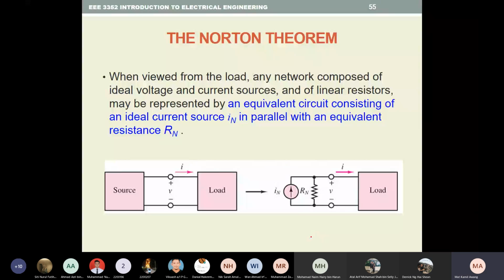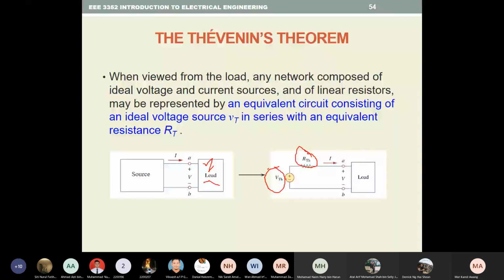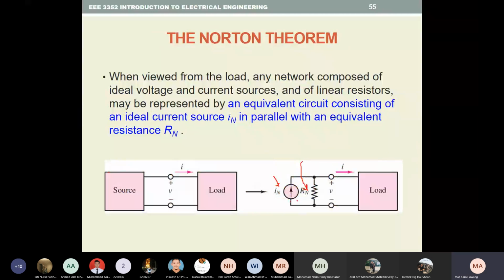When you say Norton, you represent it by a current source in parallel with the Norton resistance. So you see this? Thevenin is the voltage in series with the Thevenin resistance, Norton is the current in parallel with the Norton resistance.